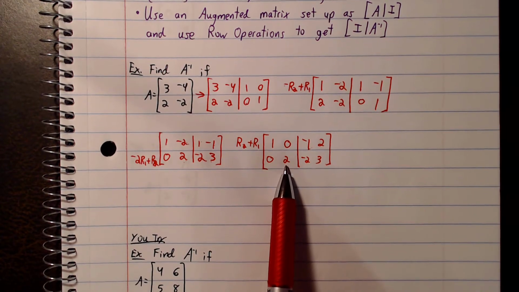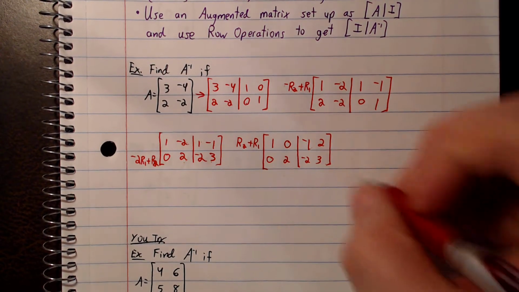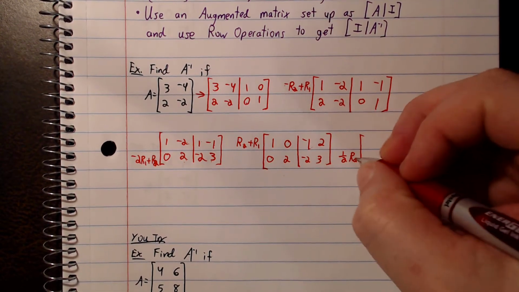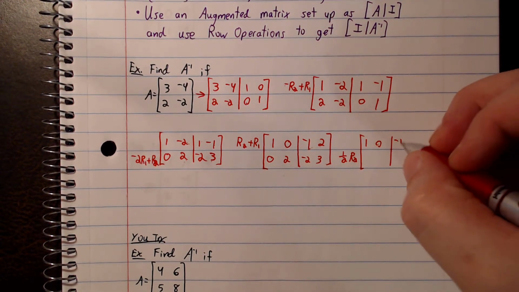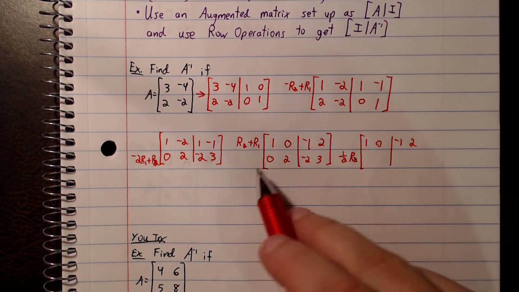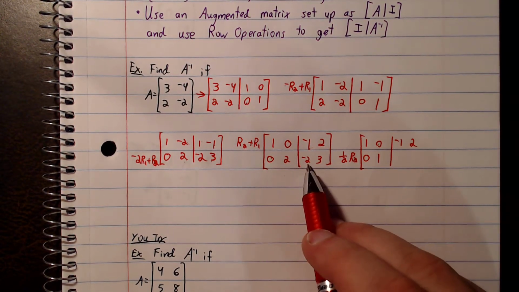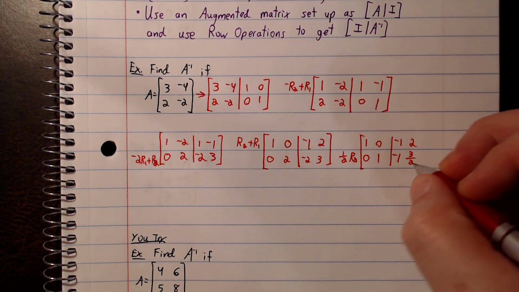And if we want that to become a 1, which will give us the identity matrix, let's multiply by 1/2. So that's half of row 2. So here we go. We got 1 and 0, -1 and 2 for this top. Now we have 0, 1, right? Dividing by 2. If I divide by 2 here, we get -1 and 3/2.